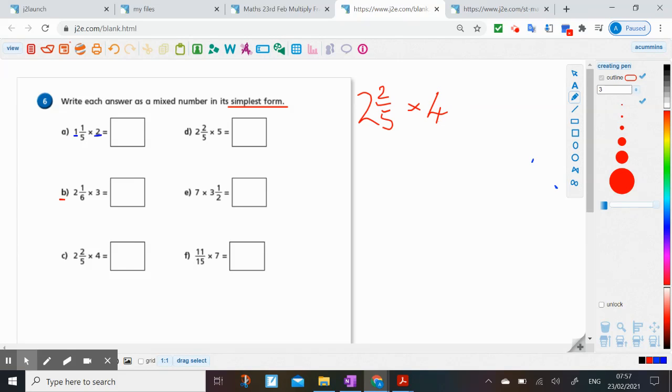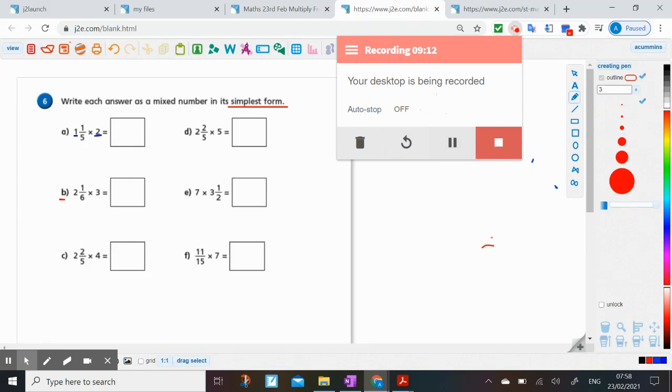Now, I'm going to let you just have a try at this one, but what I want you to remember, when you multiply that fraction together, if you get an improper fraction, you will need to add that with your whole number. Okay? So you're going to need to do 4 times 2 and add that together. All right? Okay, pause the video now, have a try for yourself, and see what you come up with.